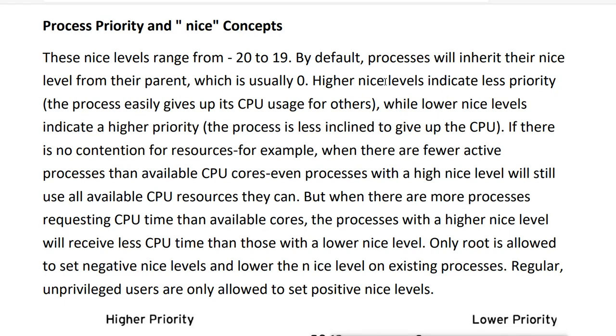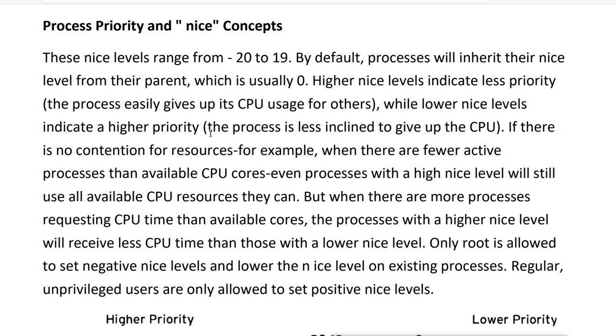Now higher NICE levels indicate less priority, and the process easily gives up its CPU usage for others. So when we have a higher NICE value, it is getting less priority. That means -20 is a very high priority, and 19 is the lowest priority.